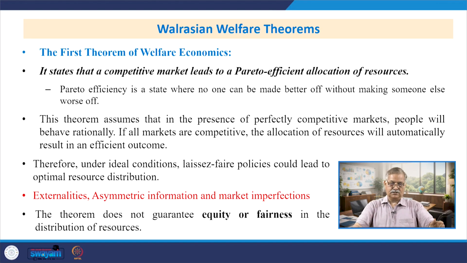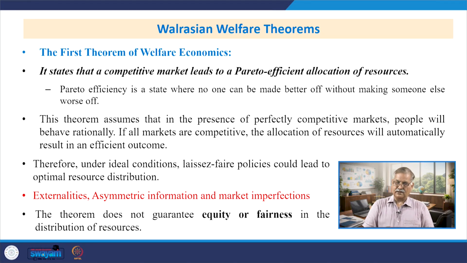Let us now discuss the welfare theorems given by Walras. There are two important theorems which we will discuss here. The first theorem states that a competitive market leads to a Pareto efficient allocation of resources. It means that Pareto efficiency is a state where no one can be made better off without making someone else worse off. This theorem assumes that in the presence of a perfectly competitive market, people will behave rationally.